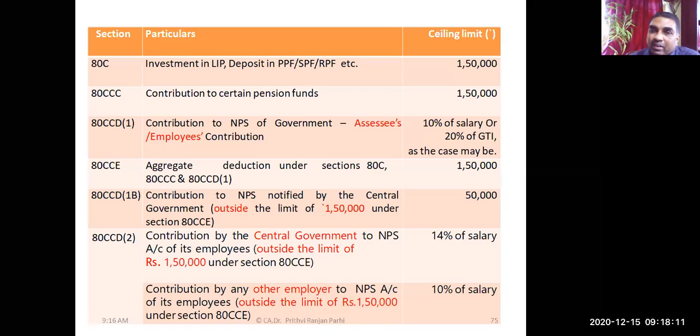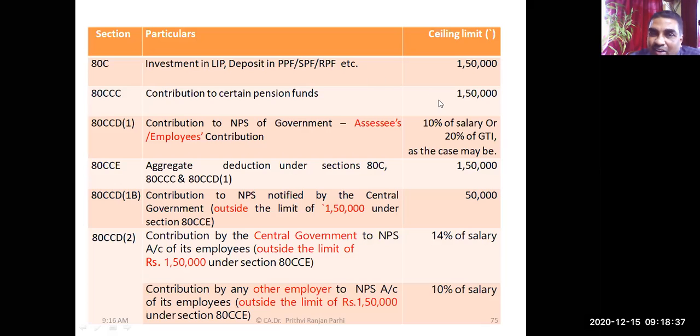Contribution can be made by the assessee or by the employee, who may be the assessee. The contribution limit is 10% of the salary or 20% of the gross total income, as the case may be. If the employee is contributing, the employee can contribute 10% of the salary, or can contribute more, but the deduction is 10% of the salary.